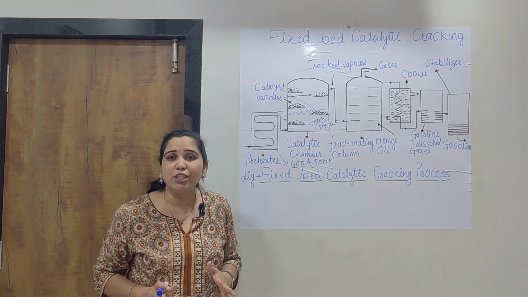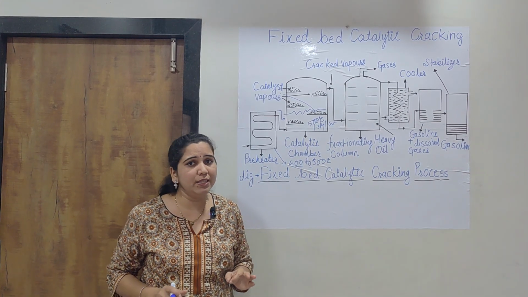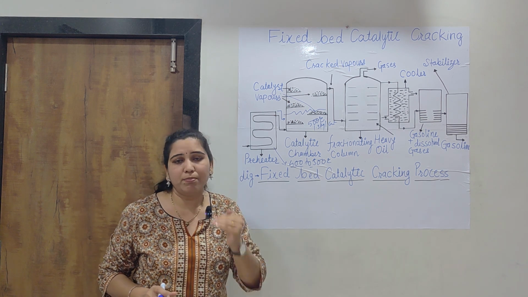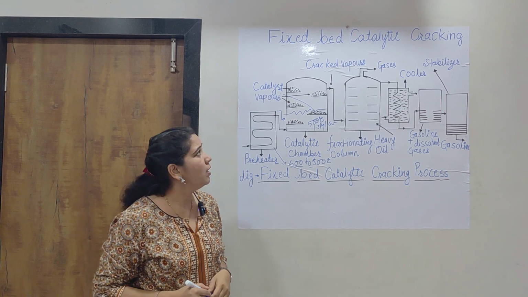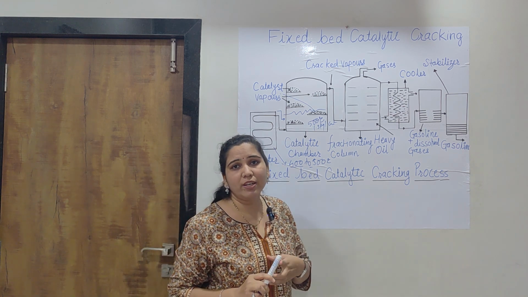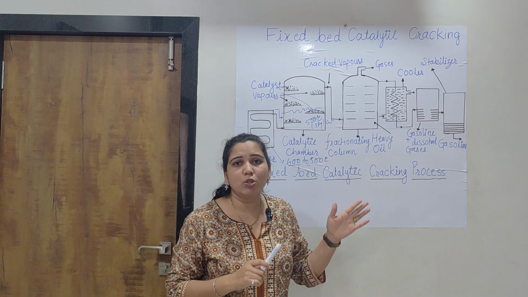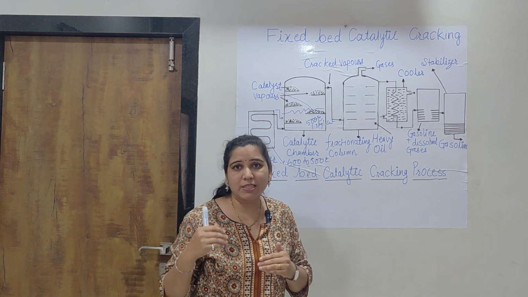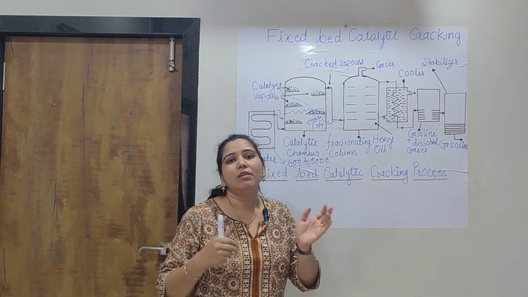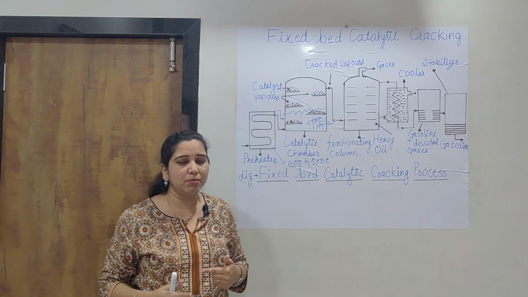Guys, it is very easy to study and understand if you study it with concentration. While writing in the paper, write your introduction and something about cracking, then its construction with a total explanation of the diagram, and then the working, how the process occurs, must be there.